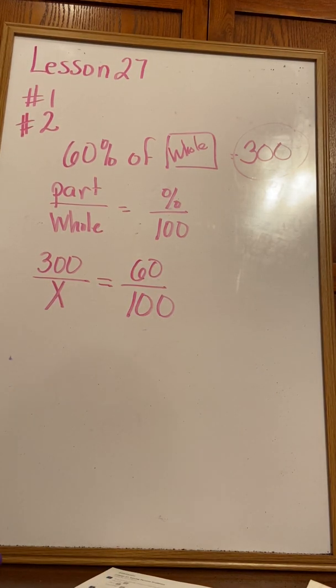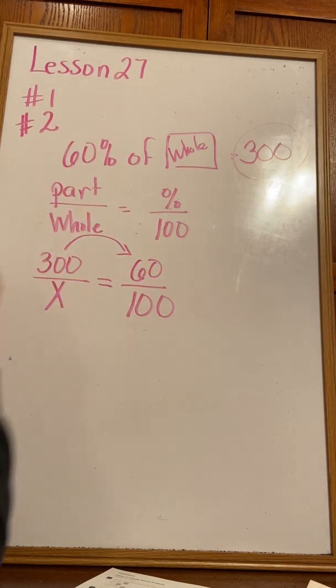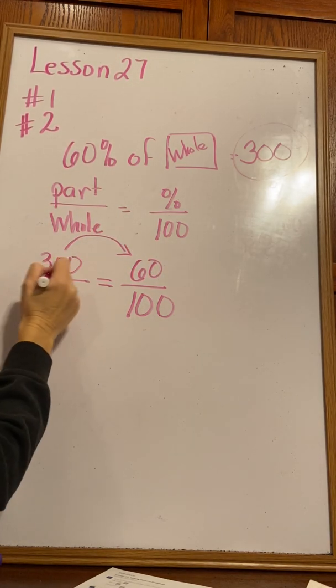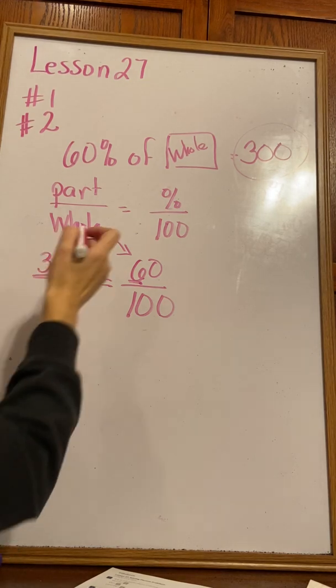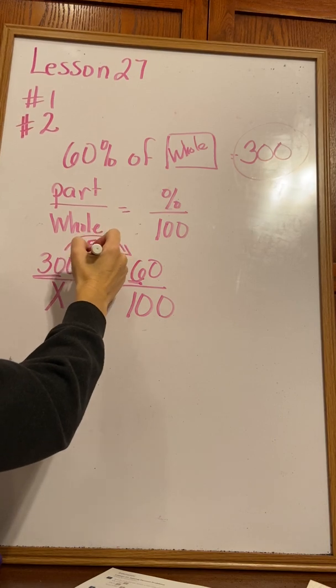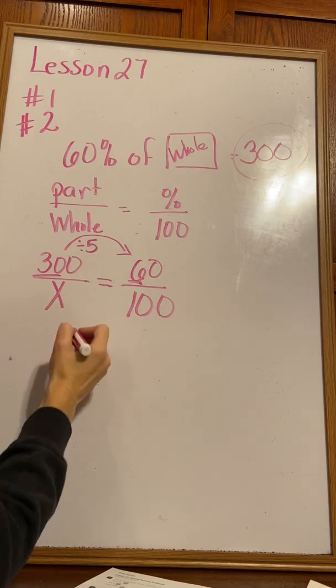Let's see if we can take a shortcut on this one. Can I go from here to here? I think I can, because 30 to 6. 30 divided by 5. Yeah. Maybe it is. Hang on a second. Yeah, that's right. Okay.